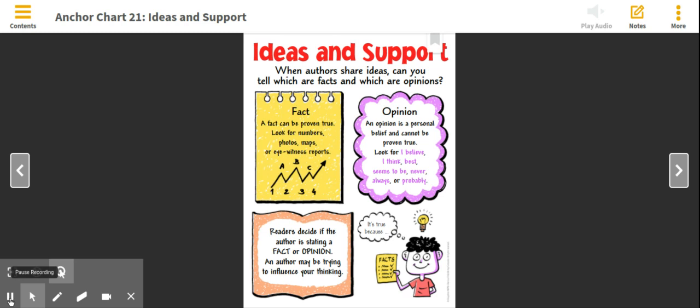I'm going to reread page 263, and as I do, I want you to follow along with me. At the top of the page, the heading is The Light Bulb.